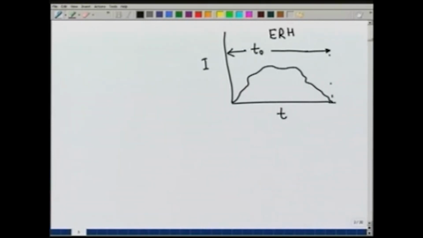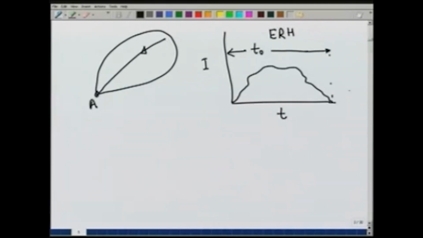And suppose we know the IUH for the catchment. And we want to find out what will be the direct runoff at point A due to this ERH over the entire catchment area.